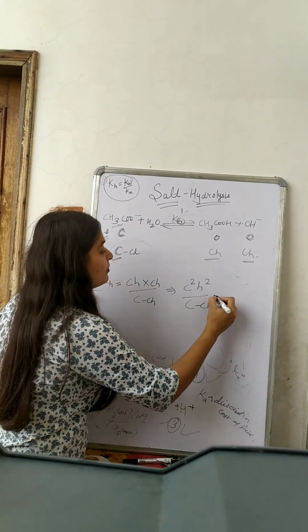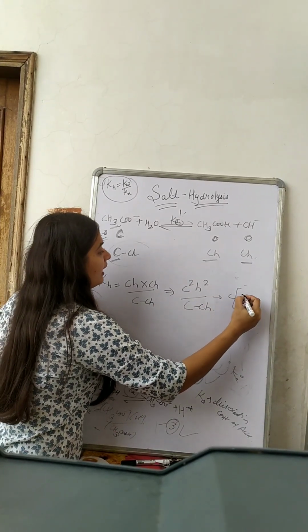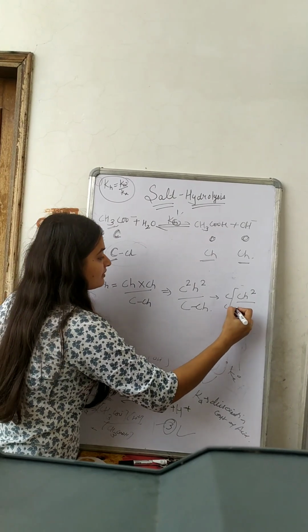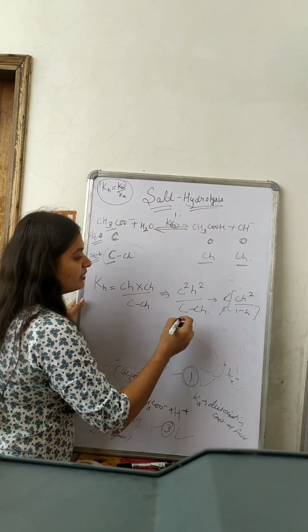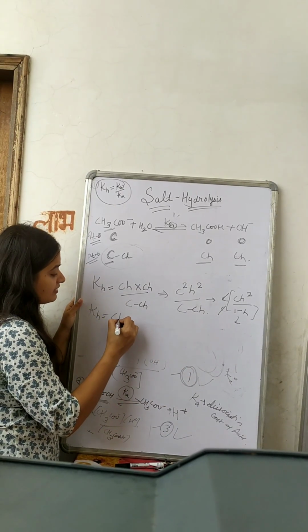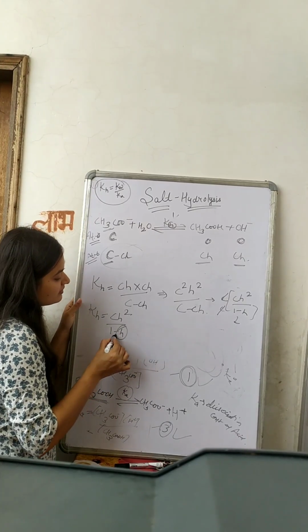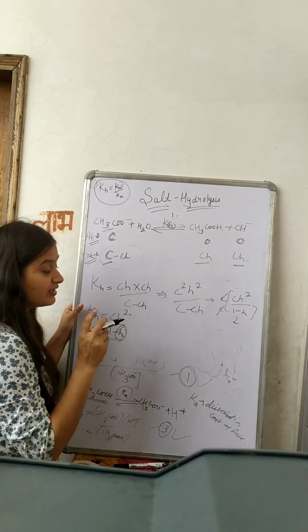Okay, so from here we can take C out of the bracket, and we have Ch square by C into 1 minus h. The C cancels out from here, so the formula is Ch square over 1 minus h. So h is the degree of hydrolysis, and its value is very small.